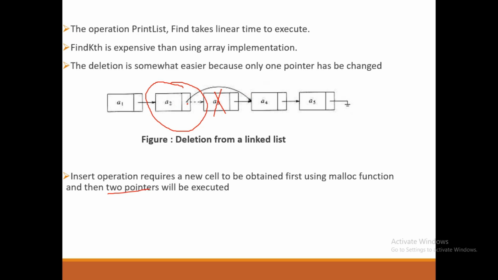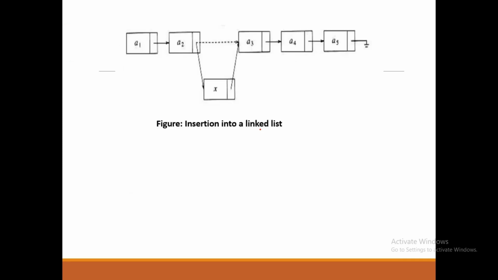So instead of the address of the deleted node, the address of the A4 node should be present in A2. We just have to change the pointers: instead of these two arrows, we should have an arrow from the A2 node to A4. That's all. This is how deletion takes place in a linked list.